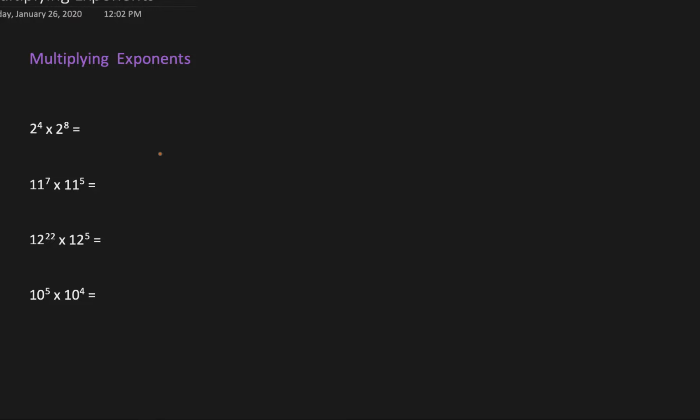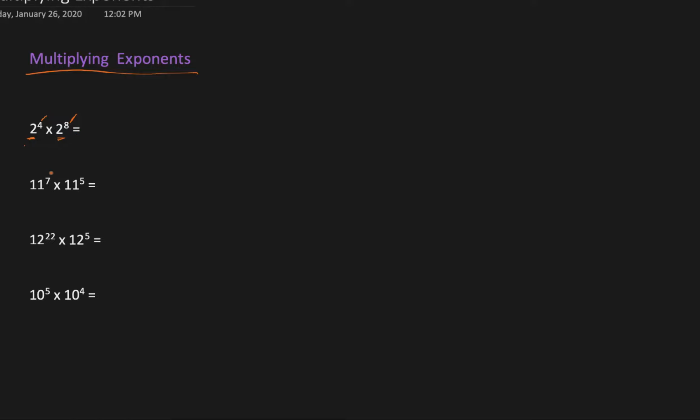So in this example, we will look at how to multiply expressions with exponents. If you look at the first equation, we have base 2 with an exponent 4 and one with an exponent 8.